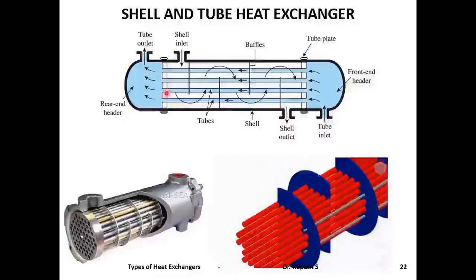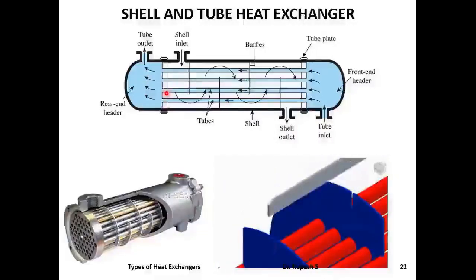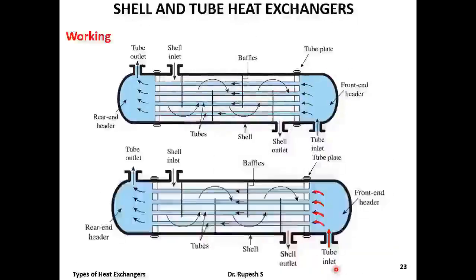Thus, these headers act as reservoirs to receive tube fluid at the inlet and exit sides of the tube bundles. Tube fluid enters through the tube inlet, flows through the tube, and exits through tube outlet. Shell fluid flows through the shell over the tube surfaces in counterflow pattern. Consequently, heat transfer takes place between the shell fluid and the tube fluid through the tube wall.